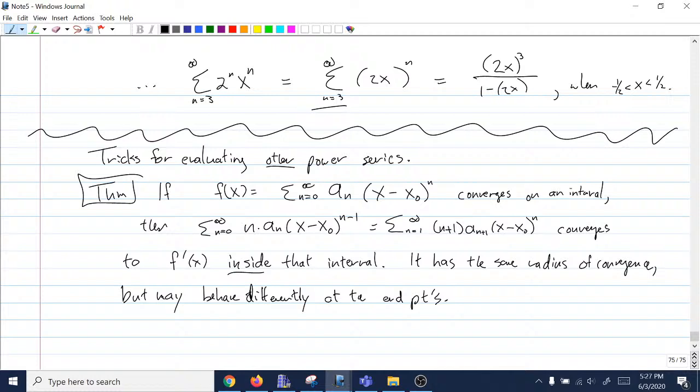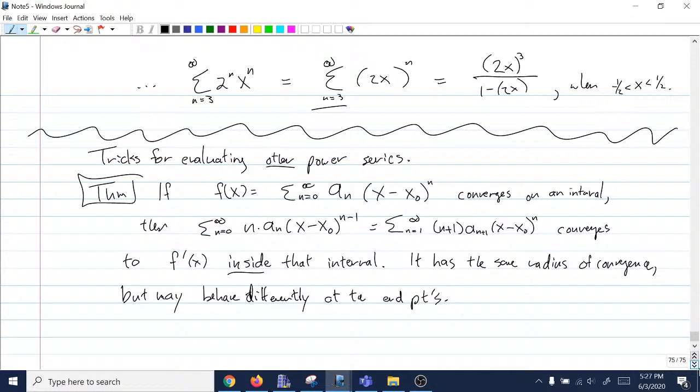So the thing that we're saying here is you can take the derivative of a power series. The opposite direction also works. You can also integrate. So not just that you can take a derivative, but you can take a derivative term by term. You could guess that derivatives work nicely under sums, but infinite sums are more suspicious than regular sums. It turns out you can take the derivative term by term.